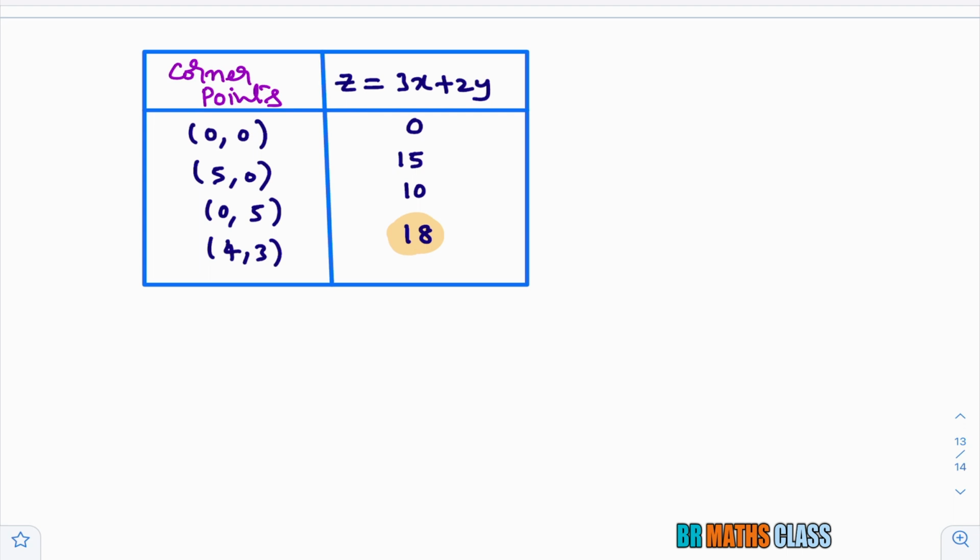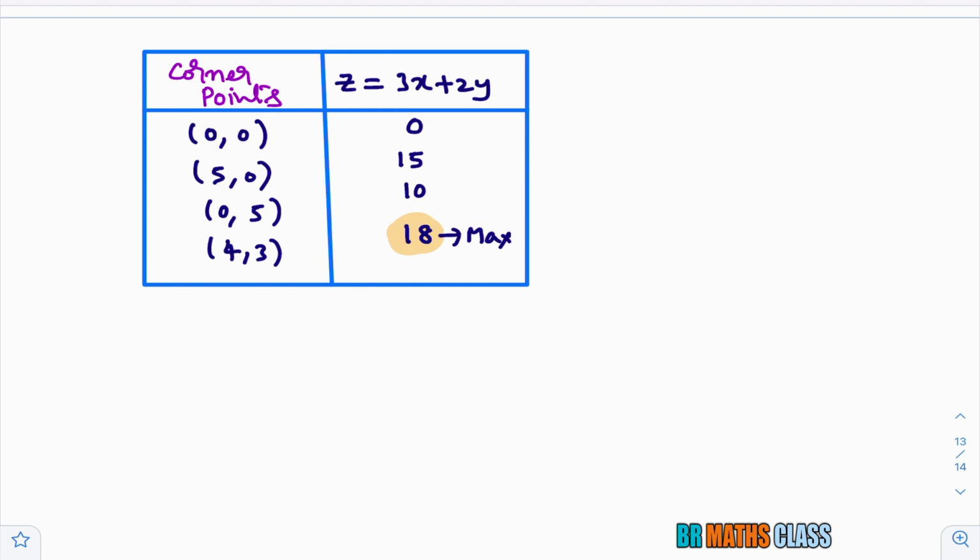So 18 is the maximum value, correct? Out of all these values, 18 is the maximum. As the feasible region is bounded, we can conclude here the given objective function is maximum at this point 4 comma 3 and the maximum value is 18.